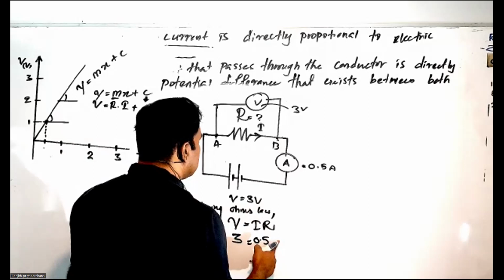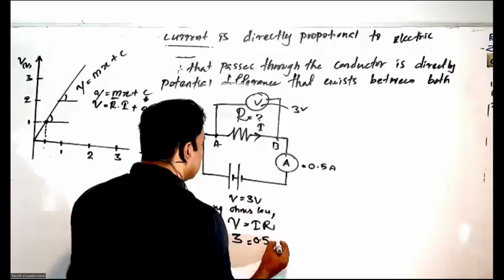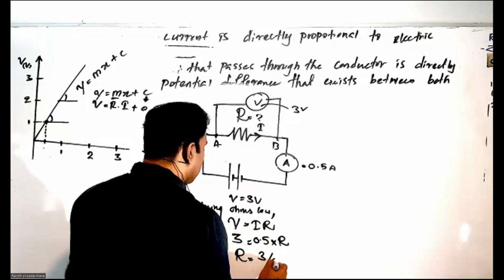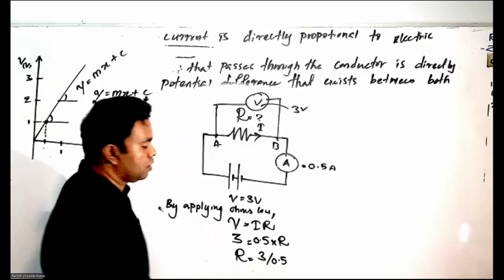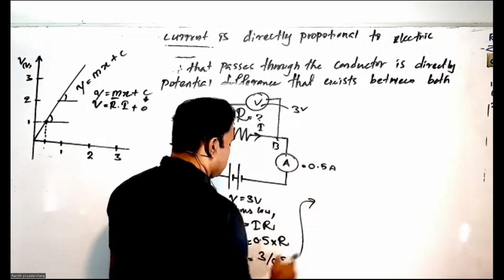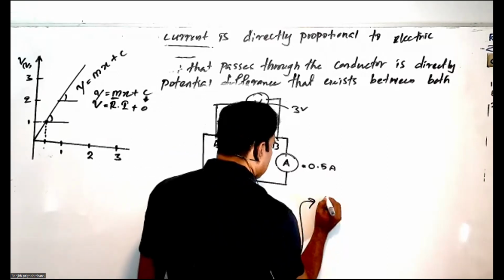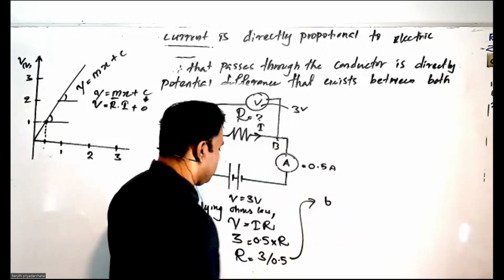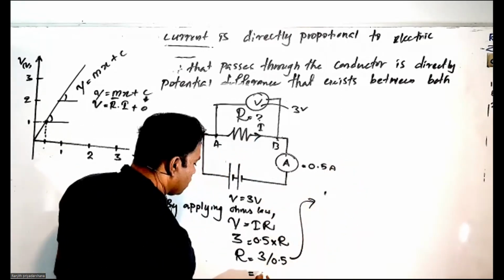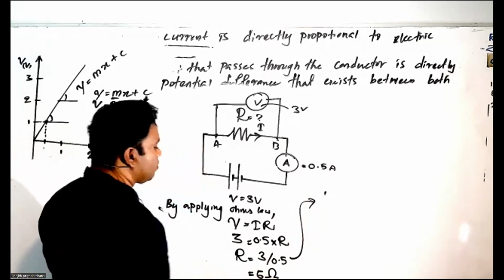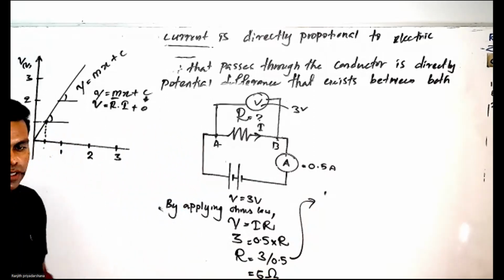R equals 3 upon 0.5. Yes. Resistance R equals 6 ohms. R equals 6 ohms.